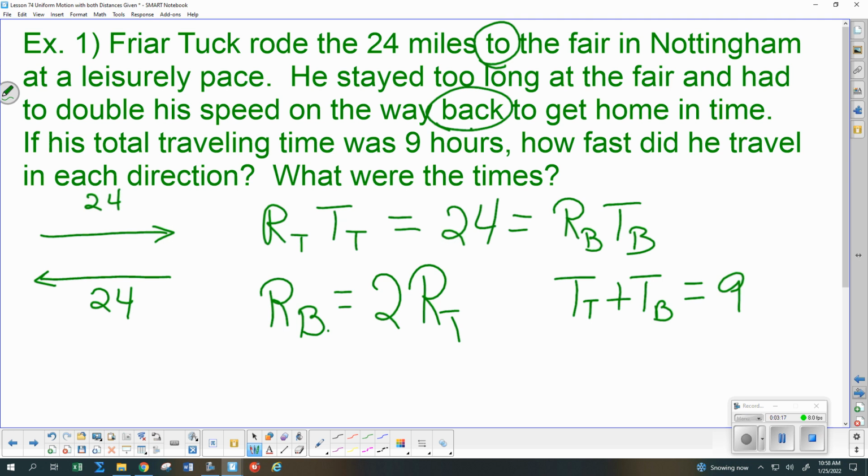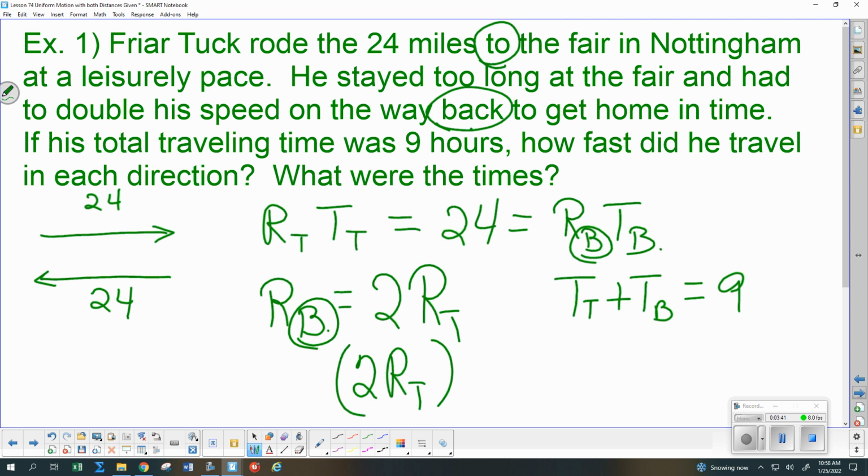So it's probably going to be a good idea if I pick an equation that has RB with some other stuff in it. So since I have this one by itself, I am going to pick RB TB to substitute into. So I'm going to put the 2 RT in for the RB.